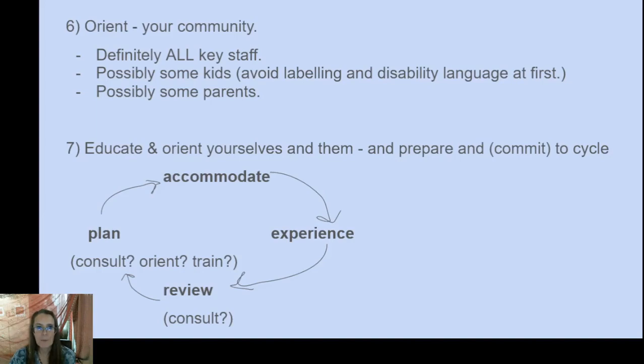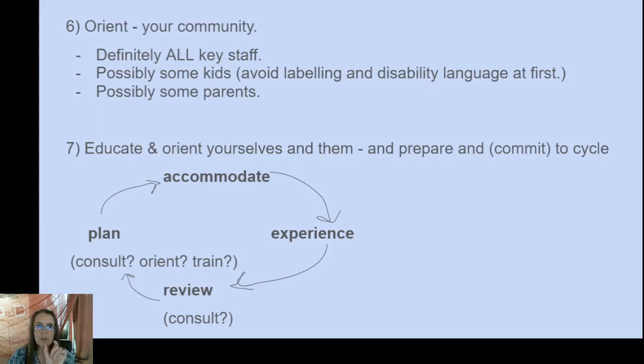And possibly some of the parents, depending again on the parents, their experience, how likely it is that their kids are going to be interacting with those kids, etc. But this first round, just the people that you need to orient in order to make your initial experiment and assessment. And then you need to prepare yourself for a cycle that's going to keep going the whole time.